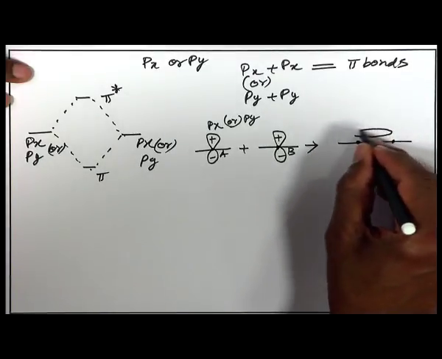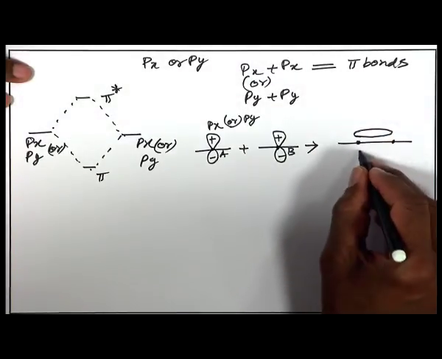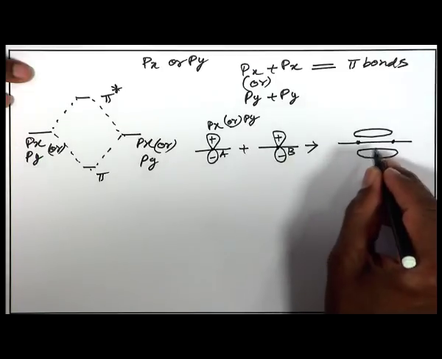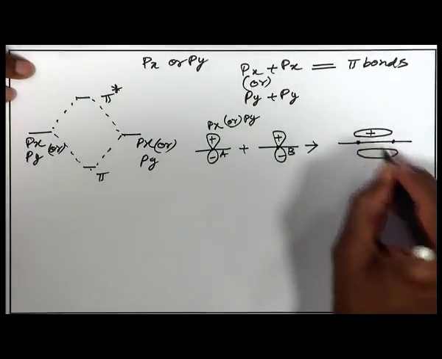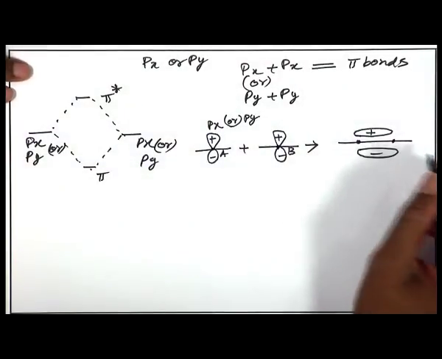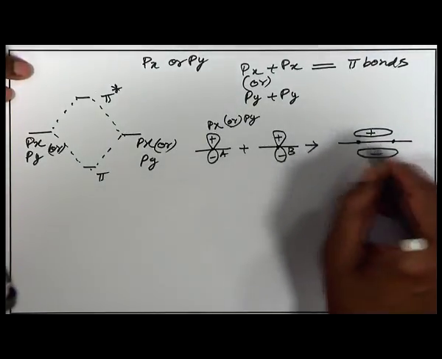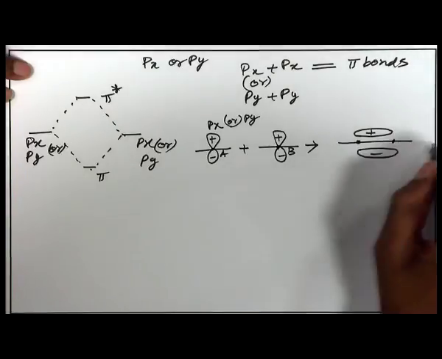On top of the nuclei there is a cloud of electron density, and below the plane there is another cloud of electron density. One is positive and one is negative, the sign of the wave function. So there is a node along the internuclear axis.